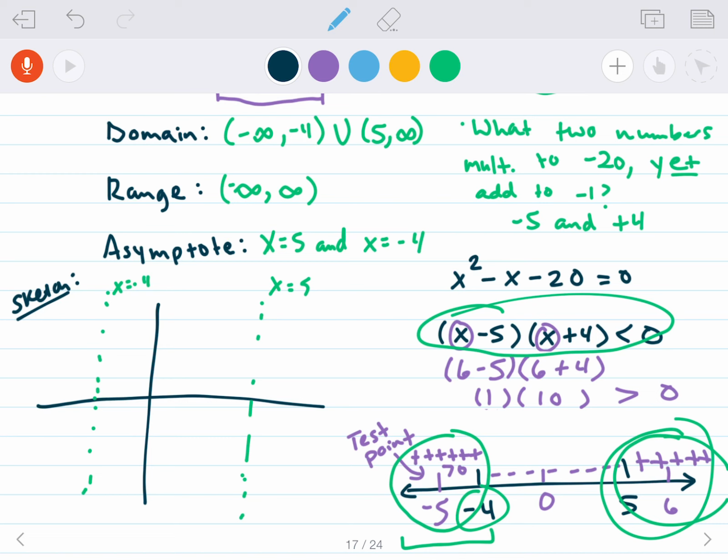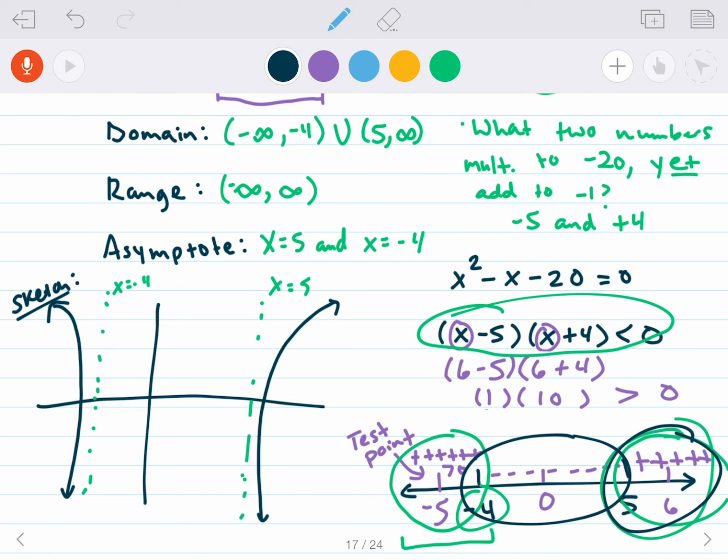And then everything to the left of -4 is going to be in our domain, so we have a nice little picture here for that. And then everything to the right of 5 is going to be in our domain, so we have a nice little picture here. But notice that between -4 and 5, we don't have a picture because those are values that make our argument negative. All right, so that's the idea for that example.